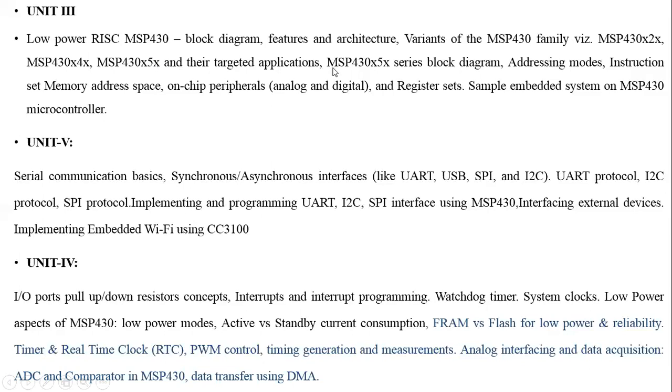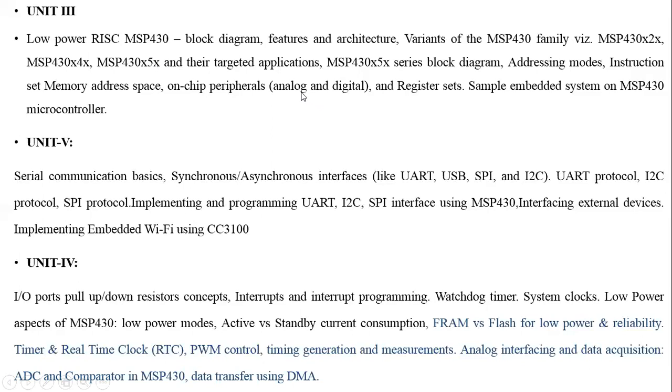And after that, we studied the fifth generation block diagram, addressing modes, instruction set, memory address space. Memory address space means memory organization and on-chip peripherals. On-chip peripherals means all analog and digital peripherals.